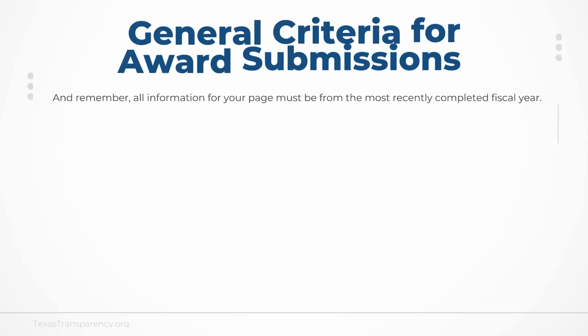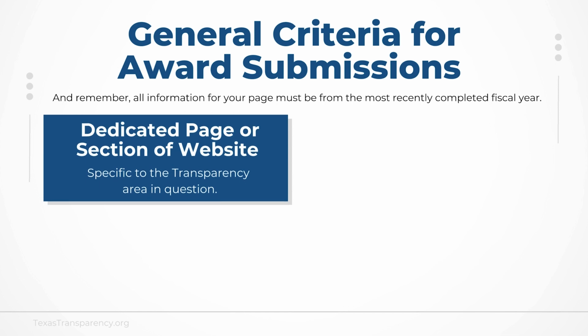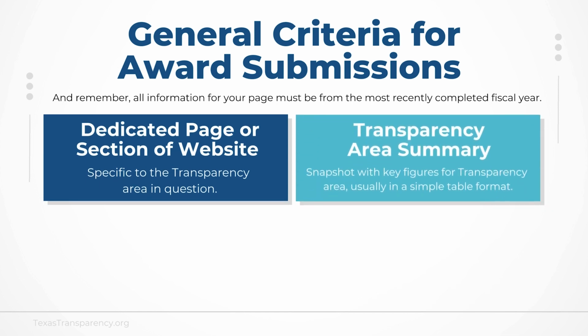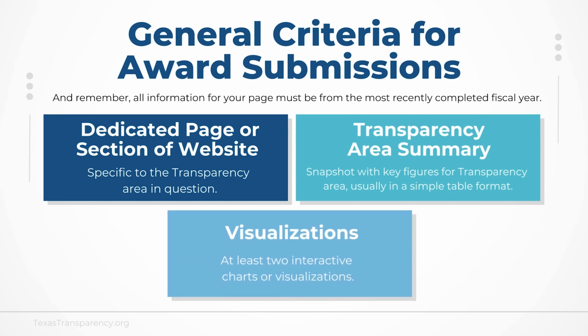The Economic Development Star requires 6 areas of evaluation: a dedicated web page specific to the award, a narrative summary of the data and information. This is usually done in table format, though a mixture of text and visuals is acceptable. At least 2 graphic representations of key information, which should be illustrative and clearly labeled.